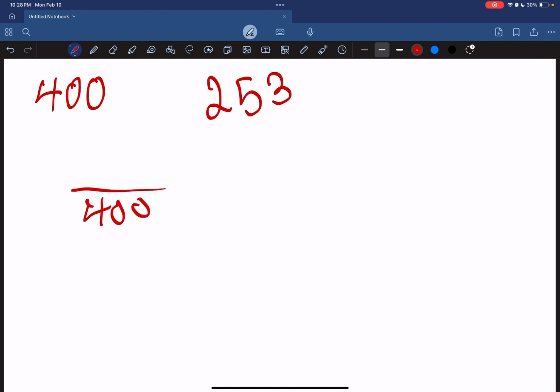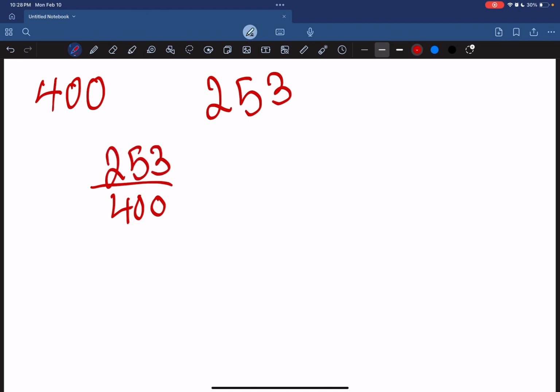That's what the stadium can hold. That always goes in the denominator, and how much is actually used goes in the numerator. So this represents how many persons actually attended our function.